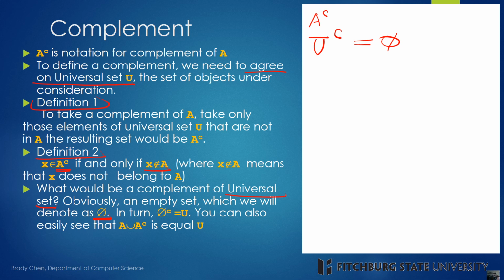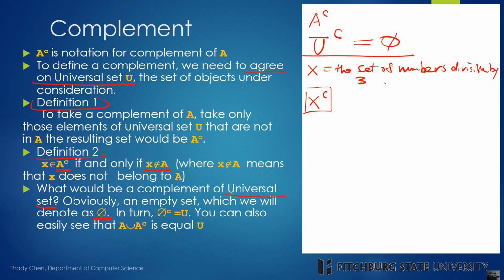So let's take a look at an example again. We think about the set of numbers divisible by 3. Now, what's the complement of this set? The first thing we need to figure out, in order to define the complement, is the universal set.